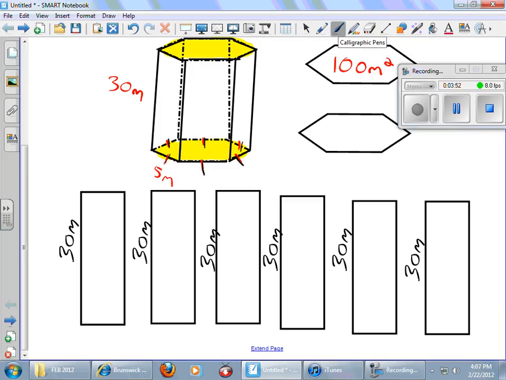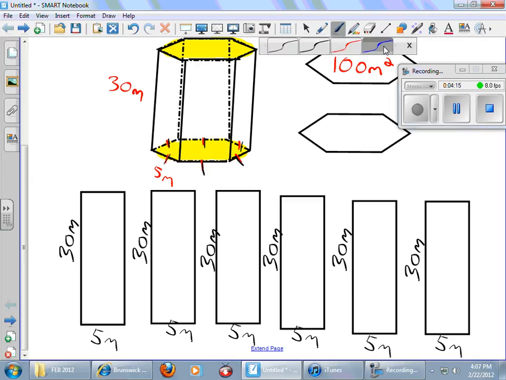So one of those bases is 5 meters. That means they're all 5 meters. So let me label them all. Now, it won't always be this way. It's only because the hexagon is regular.